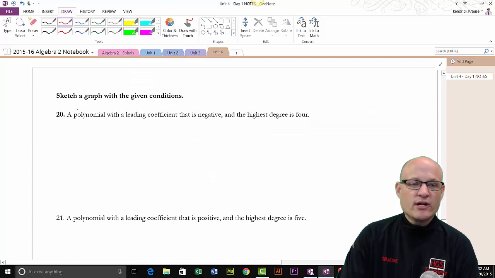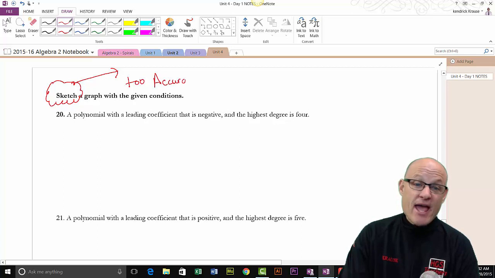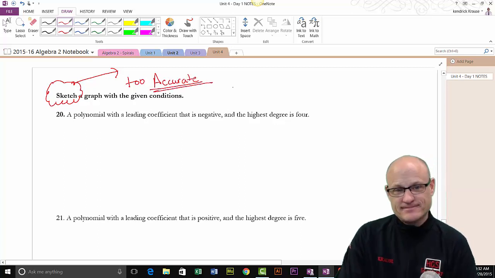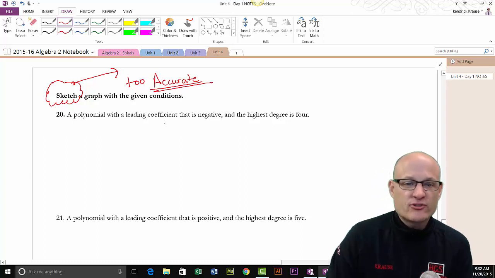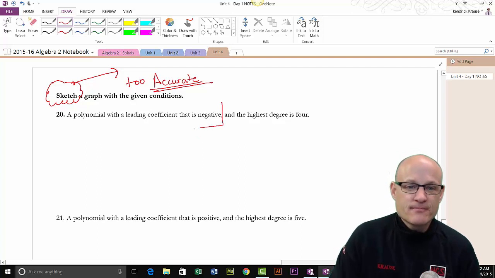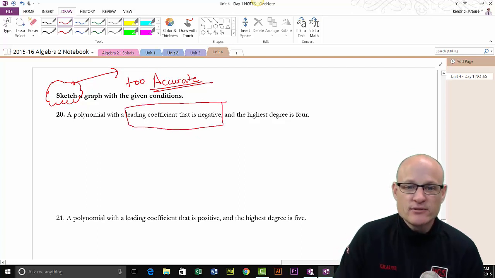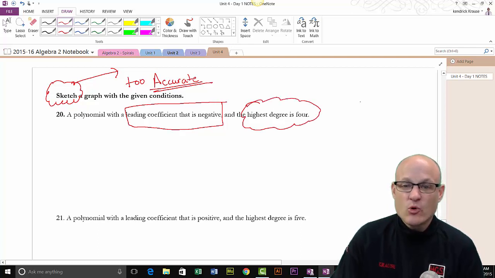So now what I want to do is sketch. Anytime a teacher tells you to sketch, it does not have to be too accurate. It has to have some accuracy, but not too much. So, a polynomial with a leading coefficient that's negative, and the highest degree is 4.